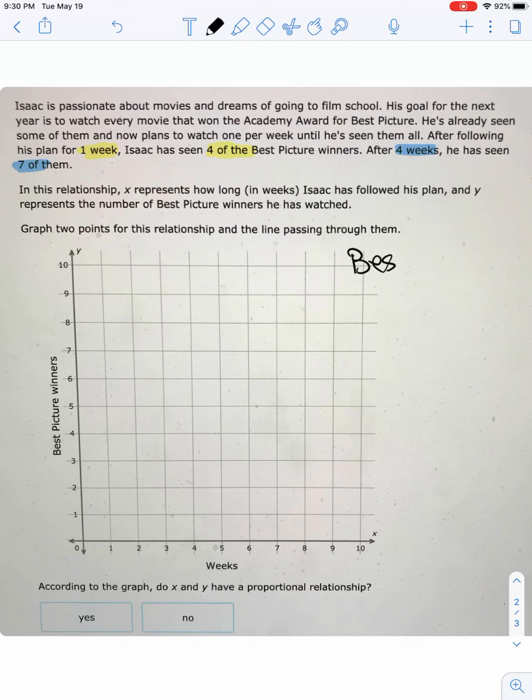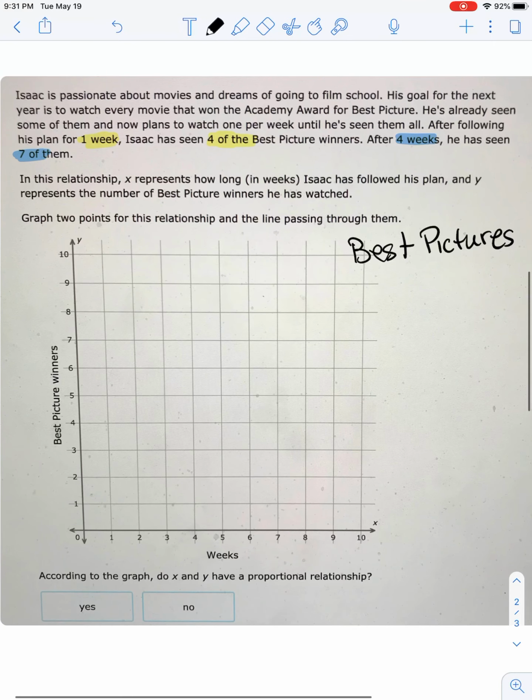Now, in yellow, we'll plot that first along the bottom, 1 week. So we're going to go to the 1, and then up to 4 best pictures. And then after 4 weeks, he's done 7. So 4, and we're going to go up to 7.